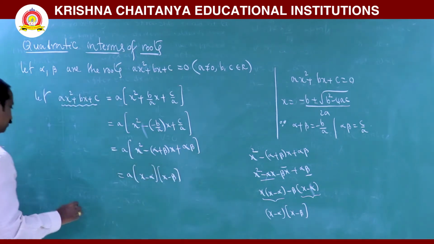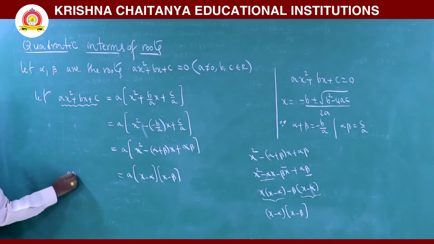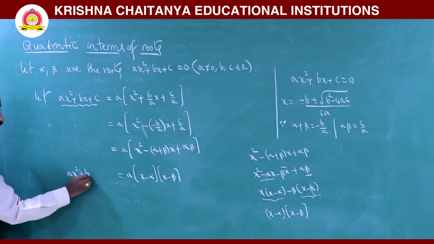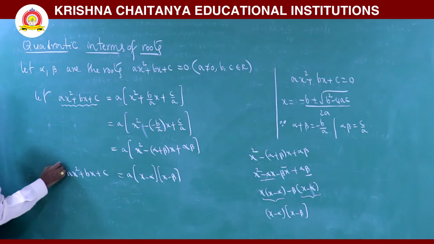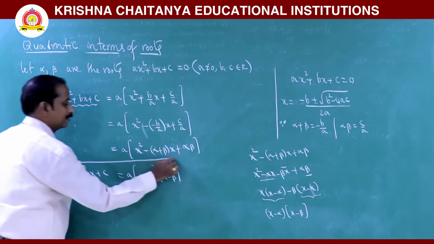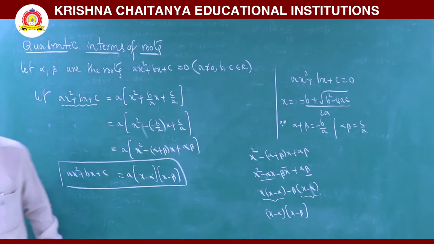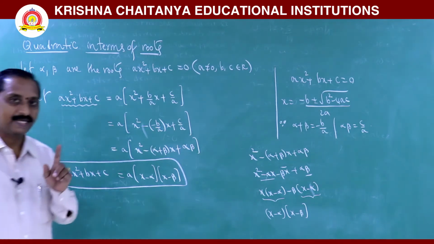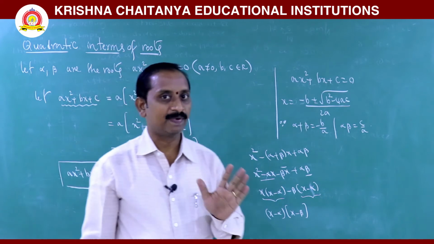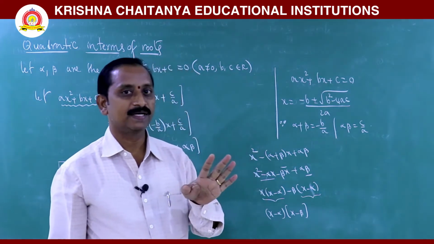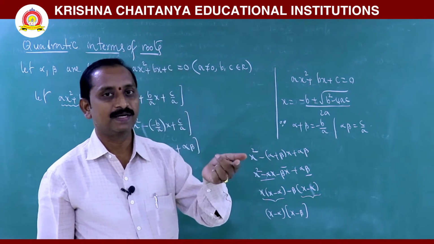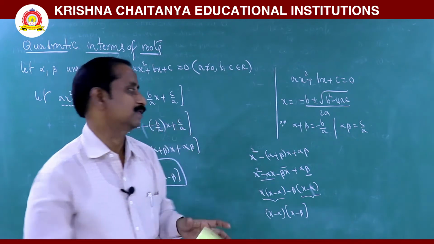This is nothing but quadratic in terms of roots. Ax square plus bx plus c, I can write as a into x minus alpha into x minus beta. In this way, we can express cubic polynomial, fourth degree polynomial up to nth degree polynomial in terms of roots.